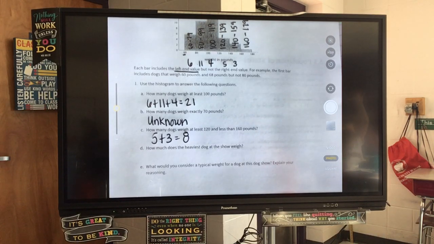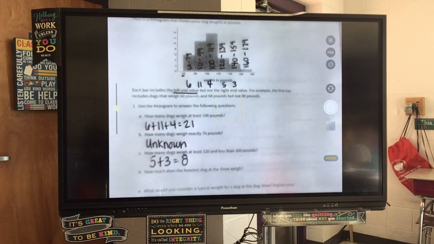How much does the heaviest dog at the show weigh? Uh, 180. Do we know that for sure? I mean, technically, our histogram goes to what number, Roma? 180. Does it go to 180? I'm seeing 179.